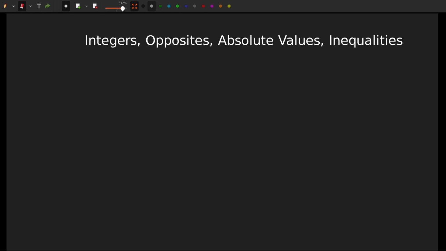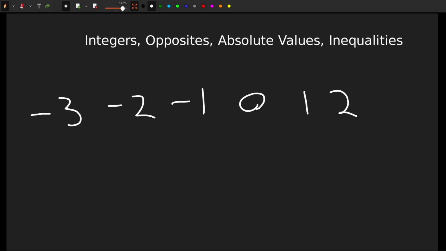So for example, the numbers -3, -2, -1, 0, 1, 2, and 3 are all integers.